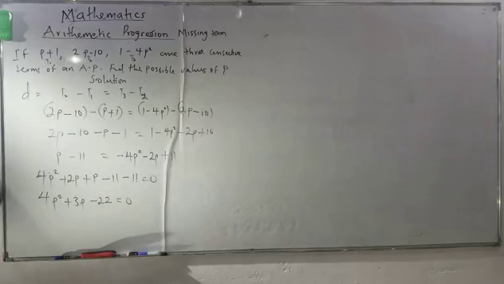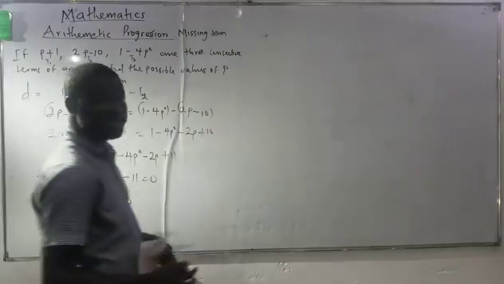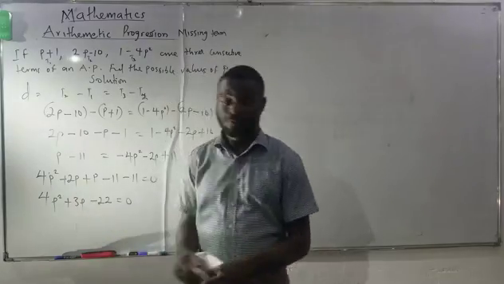Now, at this point, you can solve it as you want. How do I solve this? What can I multiply to get 88, and the same numbers add up to get 3? If I decide to factorize this, I'm not here to teach you quadratic equations.